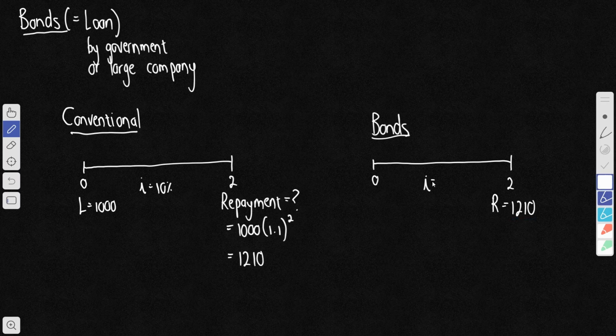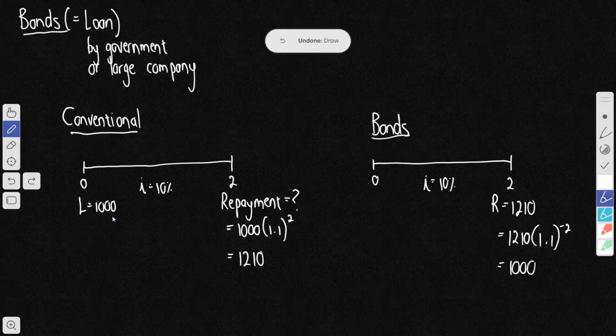Using an interest rate of 10%, we can calculate the present value of the repayment amount using your familiar formula: 1,210 times 1 plus the interest rate, or 1.1 to the power negative 2. And this is equal to $1,000, the same amount as the loan amount that was specified under the conventional loan.